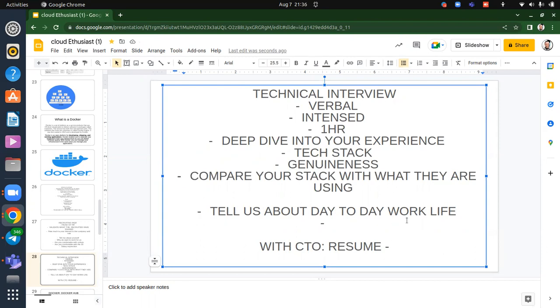As you are talking about your day-to-day life, they expect you to mention your stack. They expect you to mention the projects you've done and the most interesting, most passionate thing that you like to do. Let me put it here. What they expect: your stack, the project you worked on and the tools.